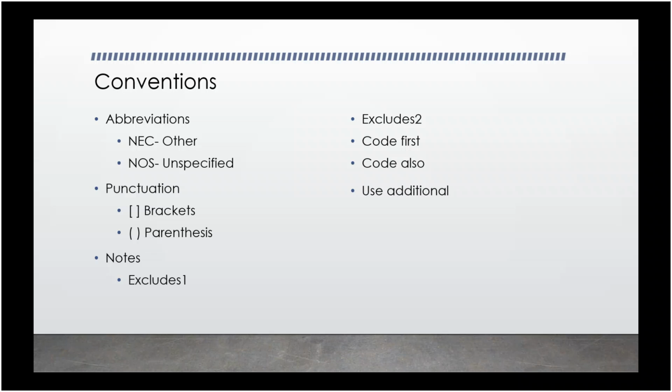We have I25.81 for our atherosclerosis, but then we may need to tell that it was due to a lesion or due to lipid-rich plaque. So we would want to add those additional codes to further specify the information.